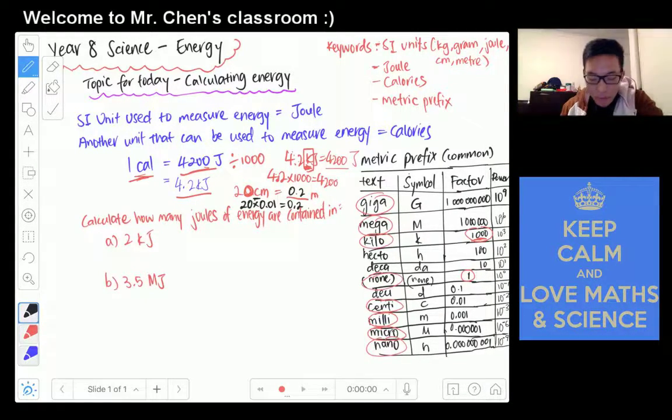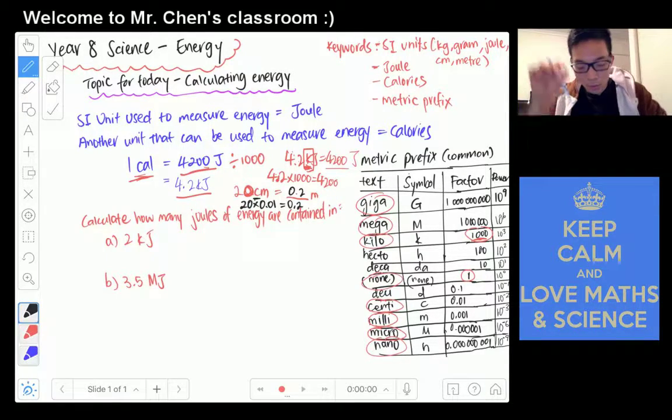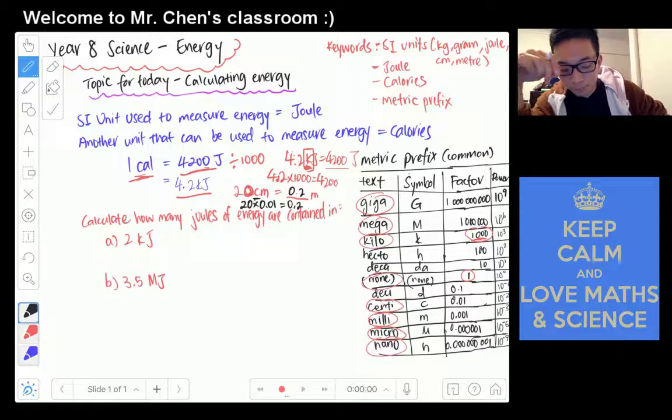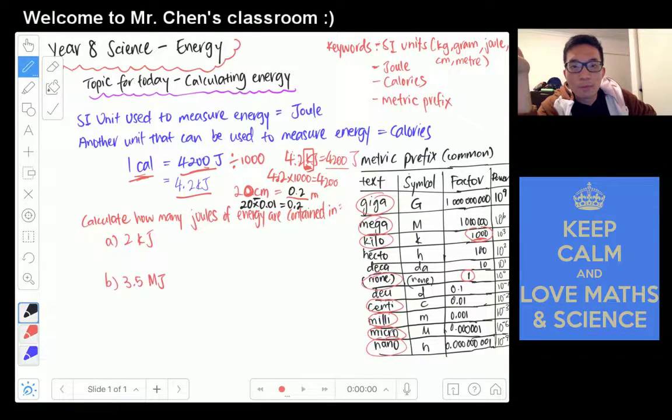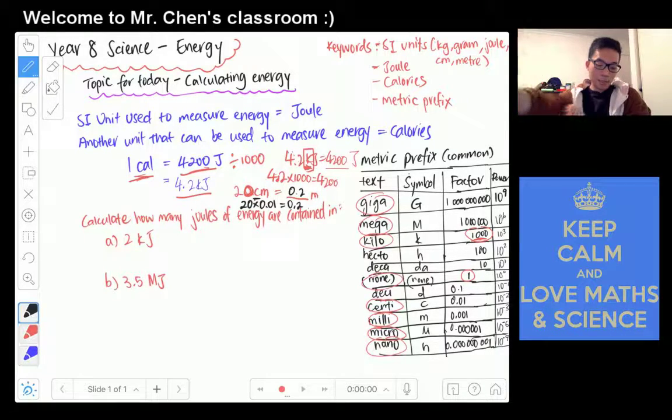So it's actually very simple. All you need to do is just refer to the metric prefix chart. It actually gets so common that you will memorize them after you use it for a while. Okay, so let's look at the example below.